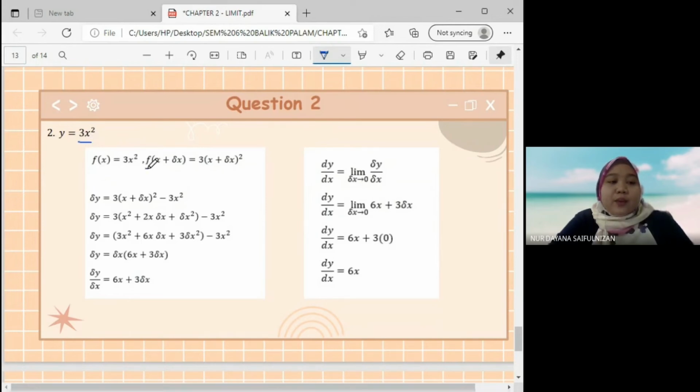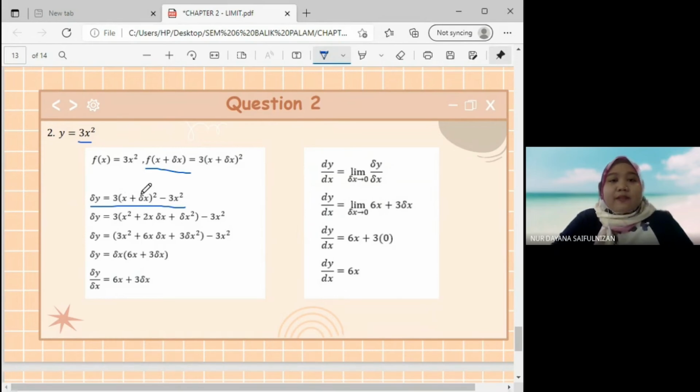And then we find f in the bracket of x plus delta x, and we will get 3 in the bracket of x plus delta x squared. Okay, so we find the delta y. The delta y is 3 in the bracket of x plus delta x squared minus 3x squared.